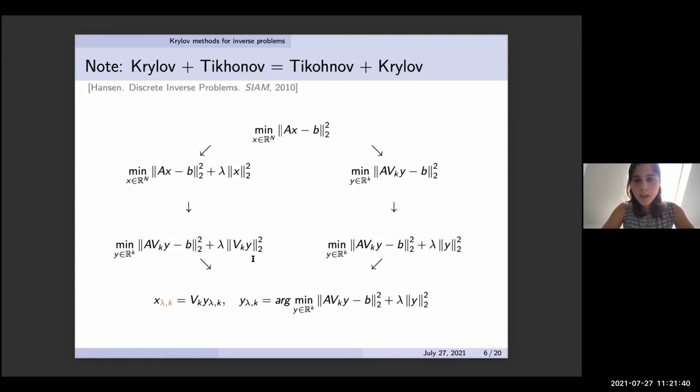And as Silvia was saying, the idea is that we will combine both to get basically the best of both worlds. So at each iteration, we're still solving a small problem, which is kind of doubly regularized, if you want. And I think it's really interesting how these two ways of regularizing the problem go really well with each other. And then you'll see when I talk about flexible Krylov methods, that just becomes very important.